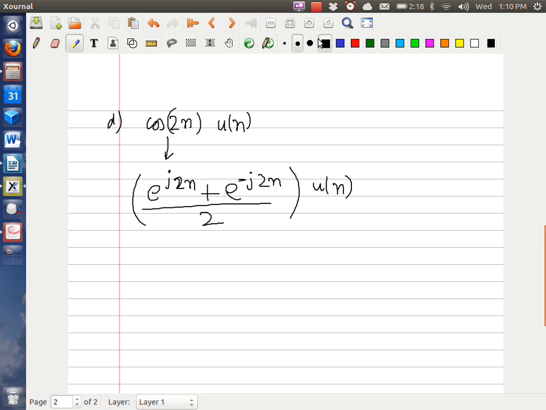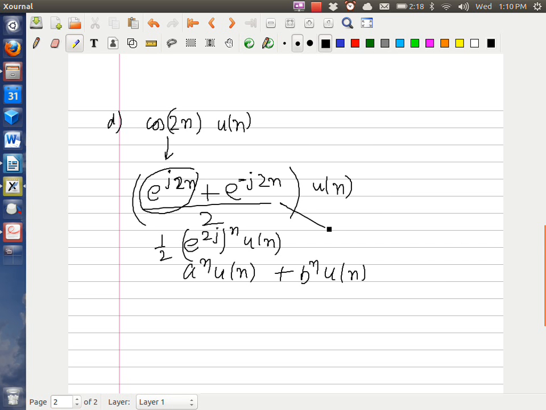And this thing right here is basically two separate sequences of the form a to the n u of n plus b to the n u of n. This guy would come out to be half of e to the 2j to the n u of n. This guy comes out to be half e to the negative 2j to the n u of n, like that. And you just proceed from there like you did before.